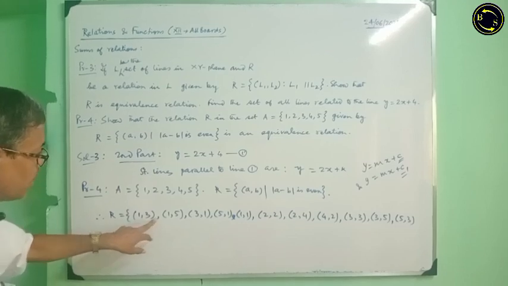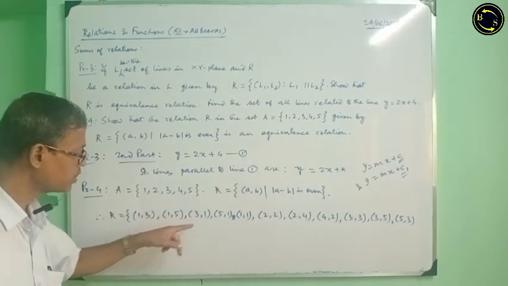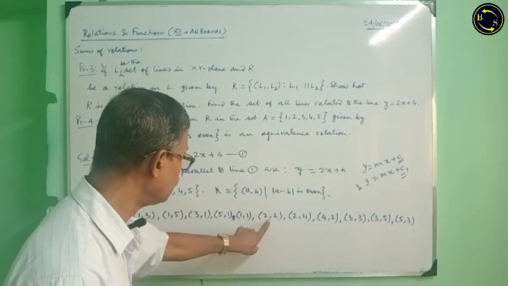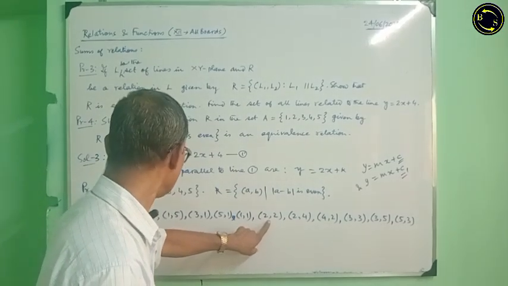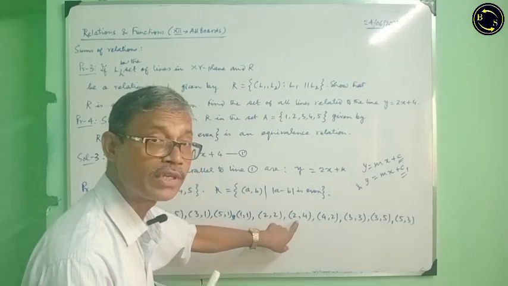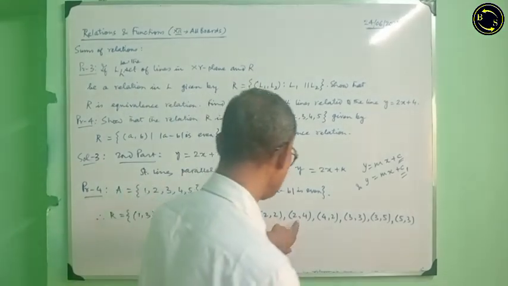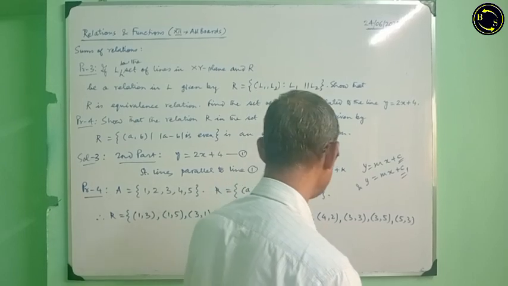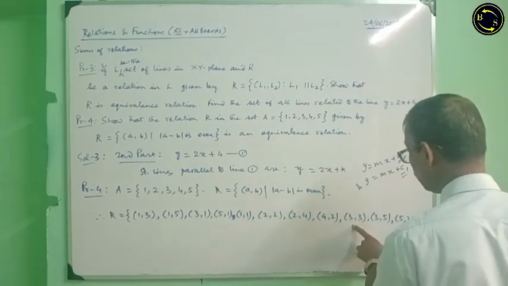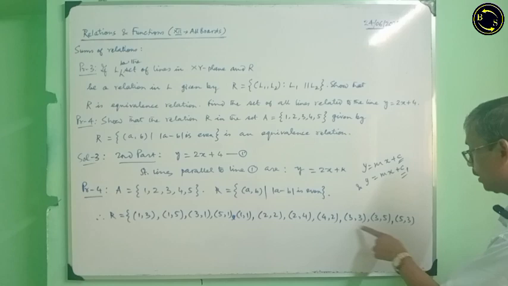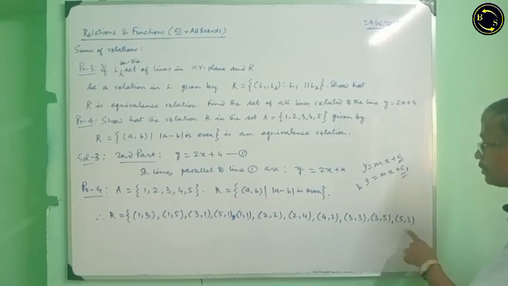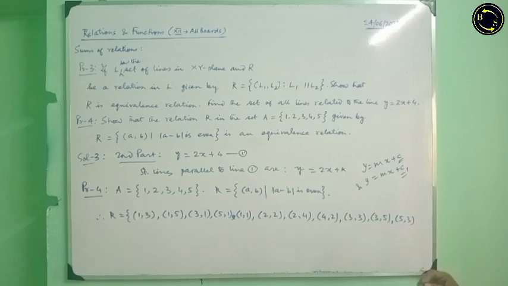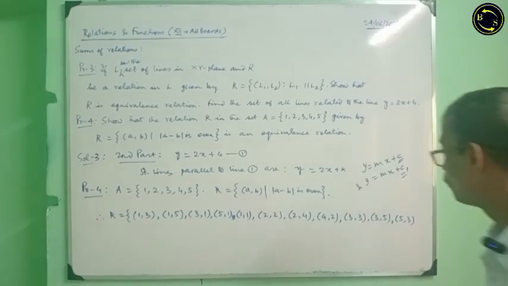First (1, 3), then (1, 5), then the reverse (3, 1), (5, 1), then (2, 2), then (2, 4), where the difference is 2, then (4, 2), then (3, 3), then (3, 5) and (5, 3). In all cases, the difference of the components will be even.